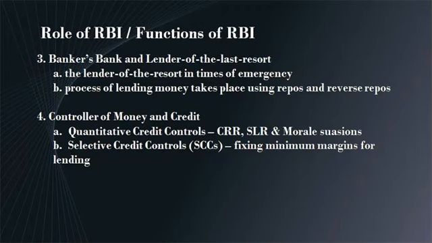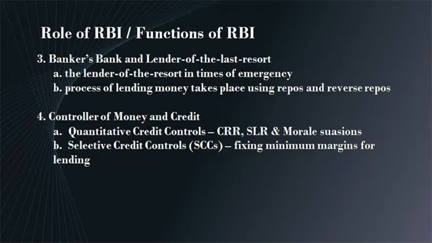Just to give a hint what it is, the loans given by the bank to the borrower, to the person or to the company, are an asset for the bank, because that money will come back to the bank with some interest added. So that is an asset.